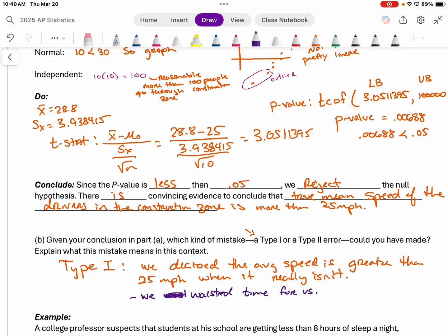Well, we put a cop out there and wasted time having them sitting there when actually people were driving the speed limit through that zone, and that cop could have been somewhere else protecting us and doing other things, as opposed to sitting there waiting for somebody to speed when we didn't have evidence of that. And so that's the consequence of a type 1 error in this situation. It's a waste of time for the cop. It's wasted time for a cop to be stationed by the construction zone.